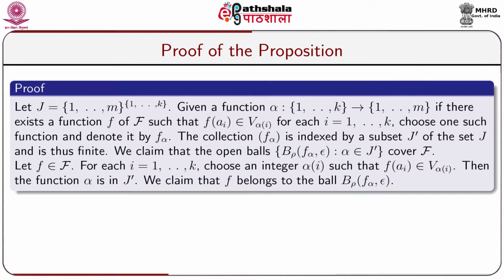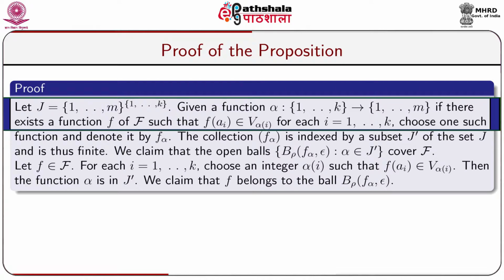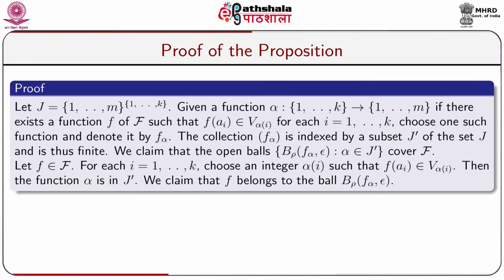Let J be the collection of all functions alpha from the set {1, 2, ..., k} to the set {1, 2, ..., m}. That is, we can say that J is the set {1 to m} to the power {1 to k}.